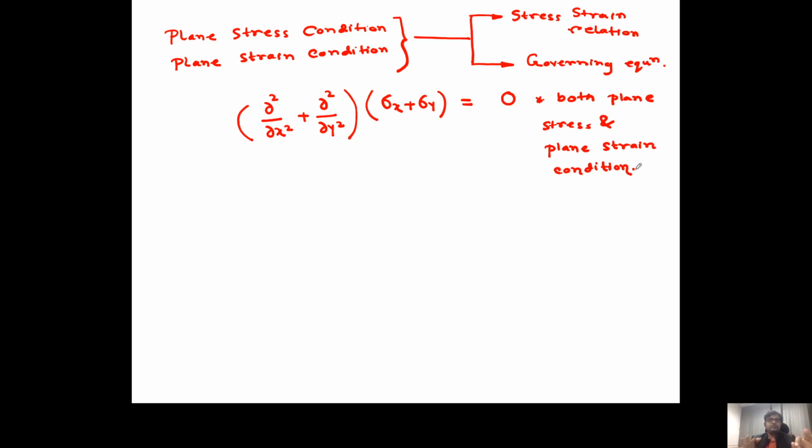And also, once you have sigma x and sigma y, sigma z in case of, okay, there is one mistake. You should always write 2 indices because it is a tensor. So once you have sigma xx and sigma yy, then for plane stress condition, you will directly substitute sigma zz to be equal to 0.